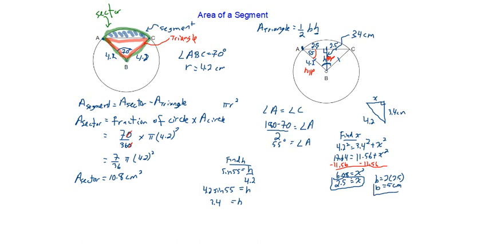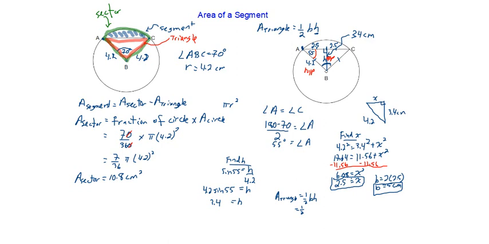And again, don't forget the reason why we want that base is we want to be able to find the area of the triangle. The area of the triangle is half the base times the height. Hopefully I don't run out of room here. So let's find the area of the triangle. The area of the triangle is 1/2 the base times the height.